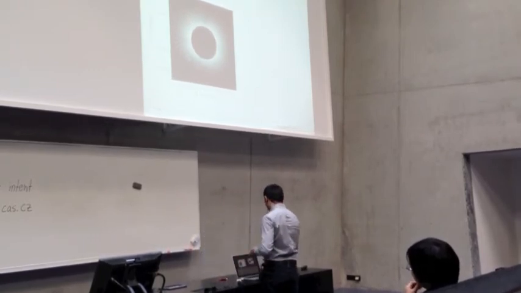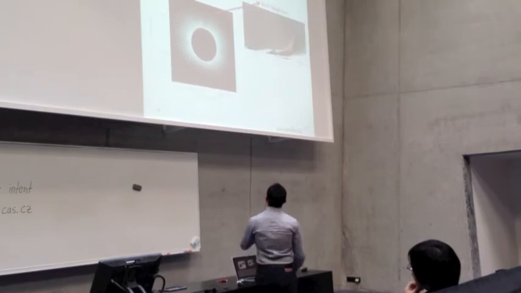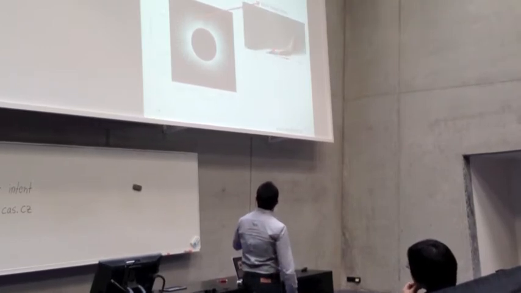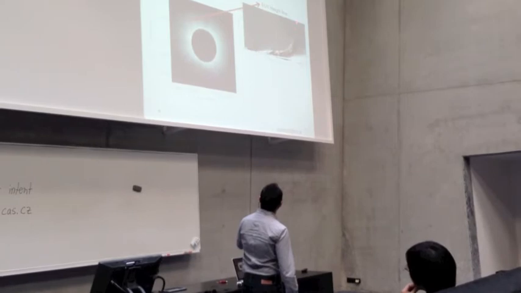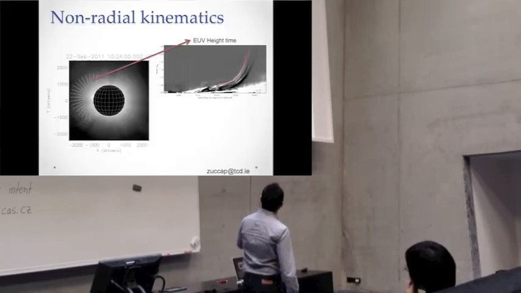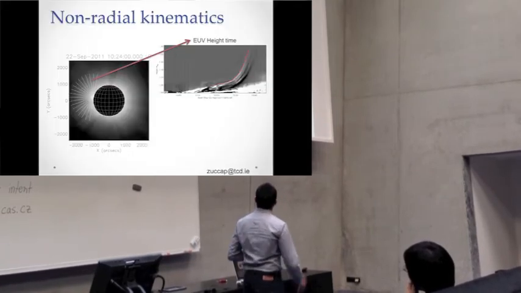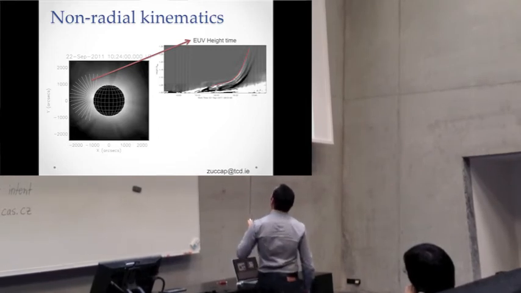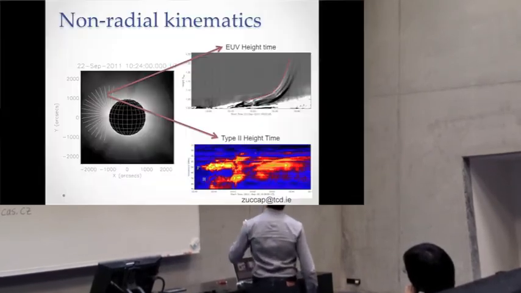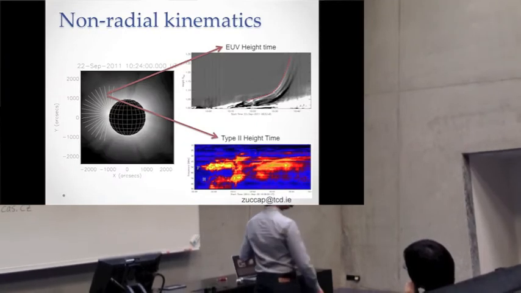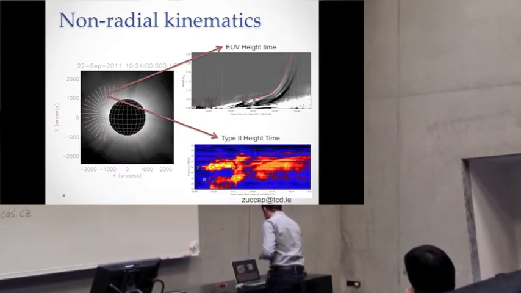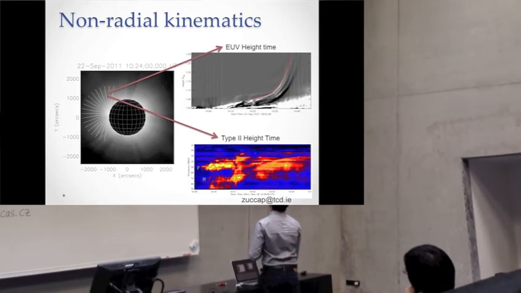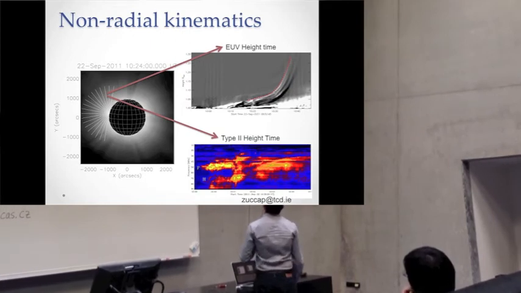For each of these density profiles, I combined the SDO height-time plot of this erupting CME, taken from the height-time running difference. And also, using the density relative to this profile, I extracted a height-time plot for the type 2. And this is what I get.